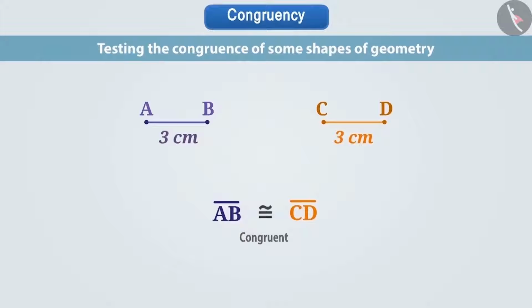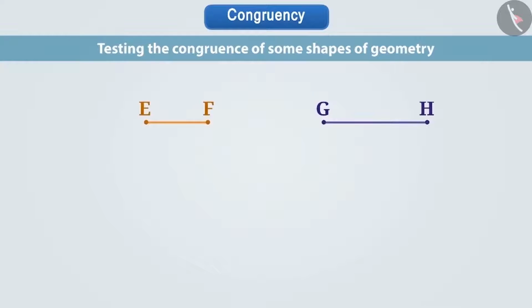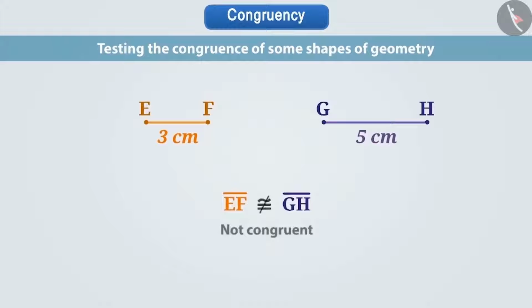If the lengths are not the same, say the line segment EF is equal to 3 cm and the line segment GH is equal to 5 cm, then they do not completely cover each other. So in such a case, two line segments are said to be not congruent, and we write it as this.